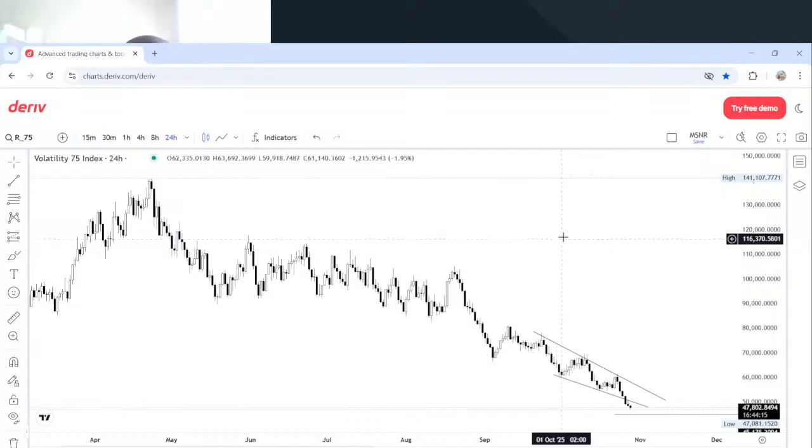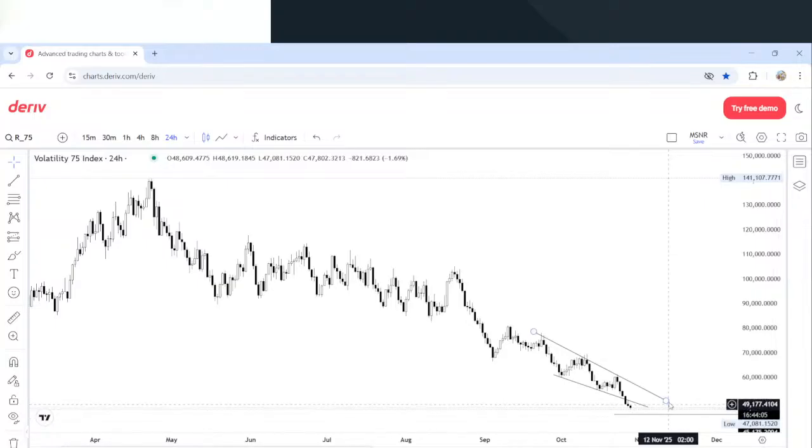So this is what I do. On the V75, it has been going down, and I'm anticipating that it will reach this point and then start going up. So nothing much on the V75.